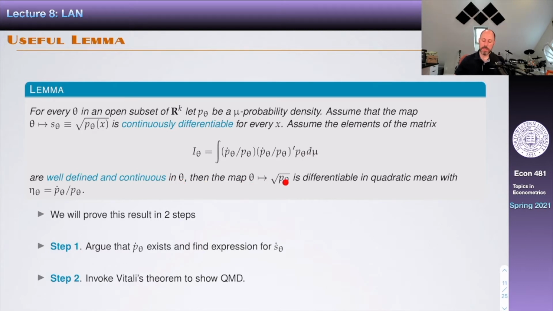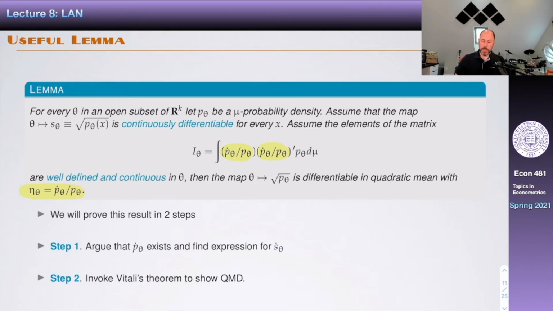Then this map is differentiable in quadratic mean with eta given by this ratio over here. Remember that differentiability in quadratic mean has eta in its definition, and we're seeing here this eta is just this object that appears in the definition of Fisher information.